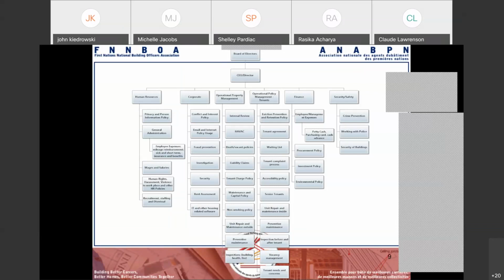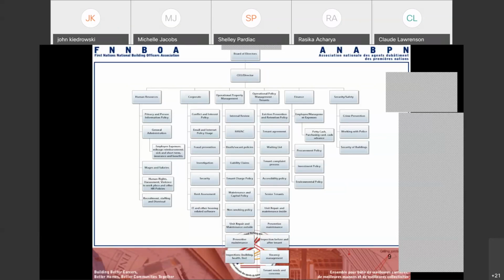They have human rights policies, they recruit, hire, and fire staff. You can see the corporate side. They have fraud prevention, they do some investigation, security, and operational property management. You can see they're responsible for claims and maintenance. They introduce, for example, non-smoking policies. They're responsible for repairs, and on and on. You can see how the different subcommittees or sub-departments work under each one.